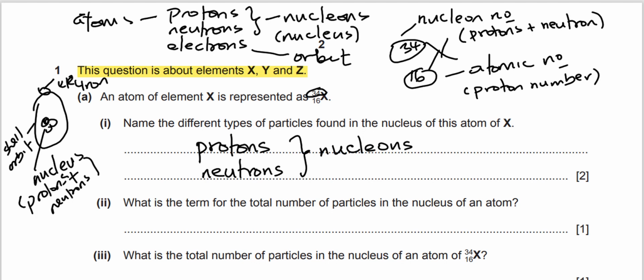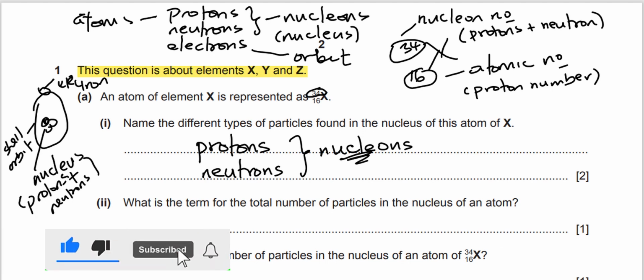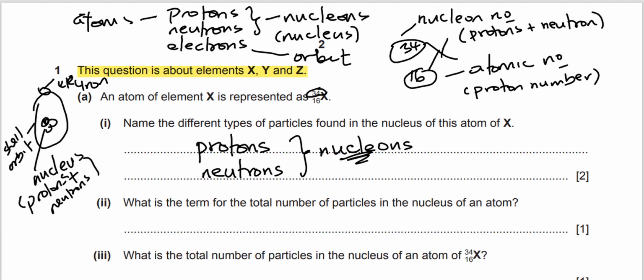So it means that the nucleons are the subatomic particles found in the nucleus of an atom. Take note of that. Fine. So remember, you have 2 marks here, 1 mark for the protons, 1 mark for the neutrons.